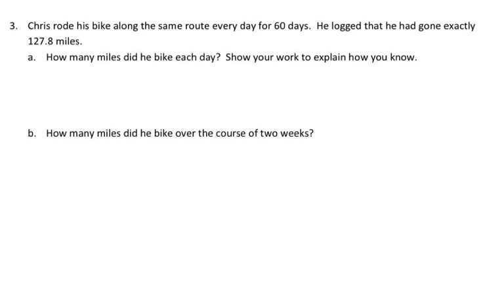So I know that I'm going to do the work down here at the bottom. He has 127 decimal point 8. And I'm going to divide that by 60, okay?